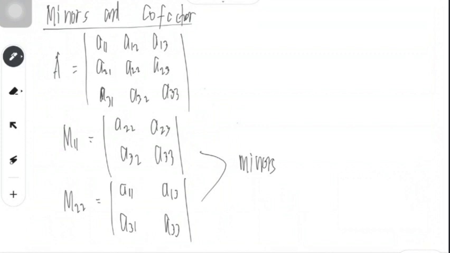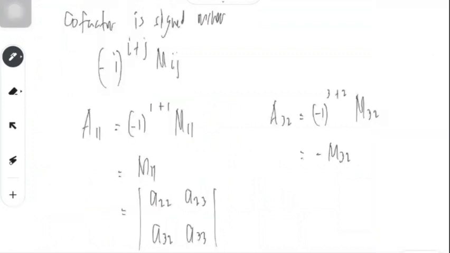Positive sa A11, negative sa A12, positive sa A13. Then, negative sa A23, positive sa A22, negative sa 21. Positive sa 31, negative sa 32. Tingnan natin kung negative nga sa 32. Ayun, no? Negative 32. So, we have the minor and cofactor.